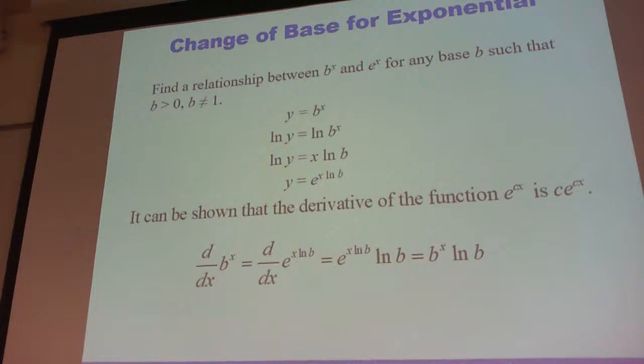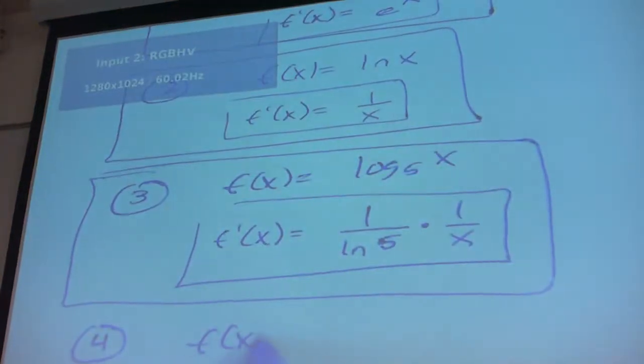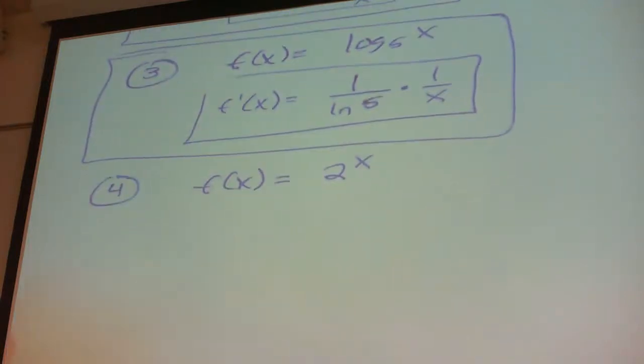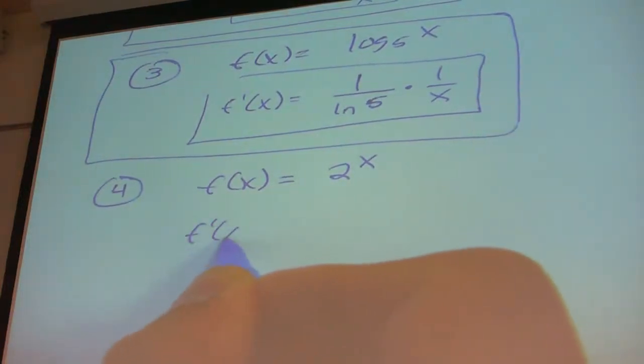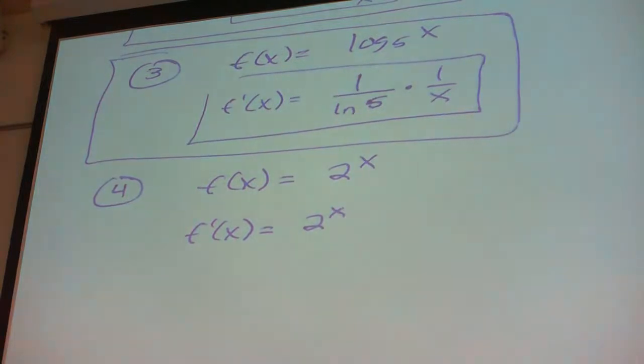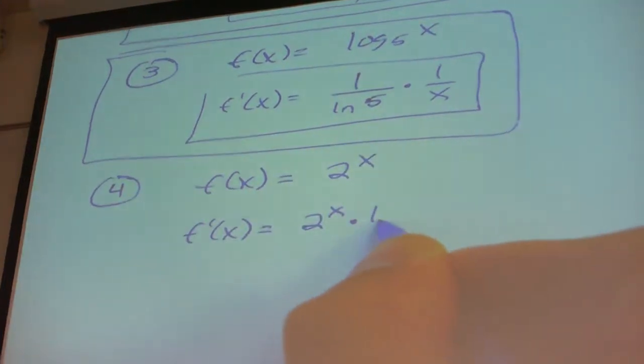So, let's put that in our special cases. If I have f of x equals 2 raised to the x, and it's any number raised to the x, the derivative would be, step 1, rewrite it. Step 2, ln of the base.